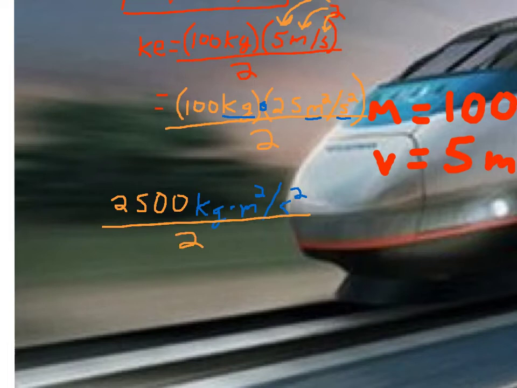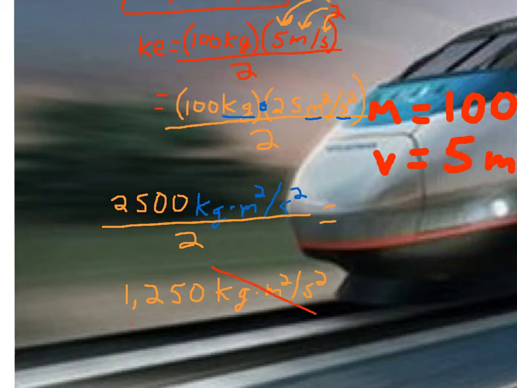So 2500 divided by 2 is equal to 1,250, and again my units are kilograms times meter squared per second squared, and it turns out that that is equivalent to another unit you already know.